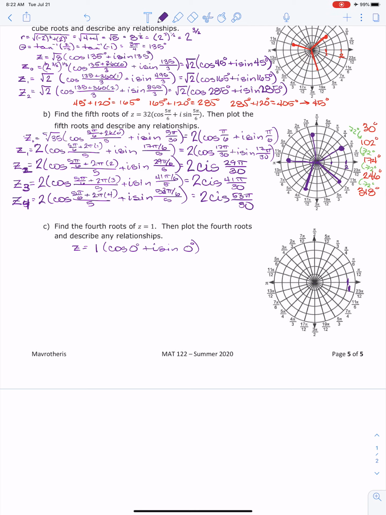Okay. So the first of the 4 roots, I want the 4th root of 1. Well, that's kind of nice. I like that. And then I have the cosine of 0 plus, we'll go radians, 2 pi times 0 divided by 4. That's still 0. Running out of room, so we're going to shorthand.